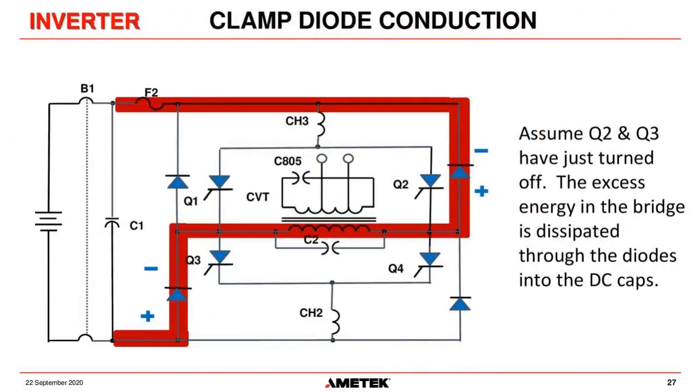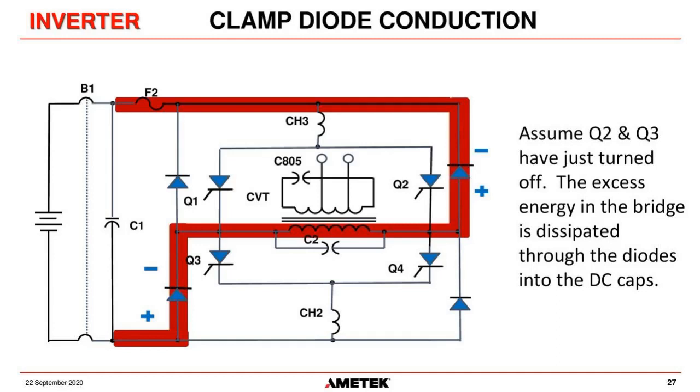Now we've got to figure out the SCRs and how they turn off. So when Q1 and Q4 were turned on, at the end of their cycle, we remove the drive signal, and we then turn Q2 and Q3 on. And for a very brief instant, all four SCRs are turned on, and the current tries to go really high.